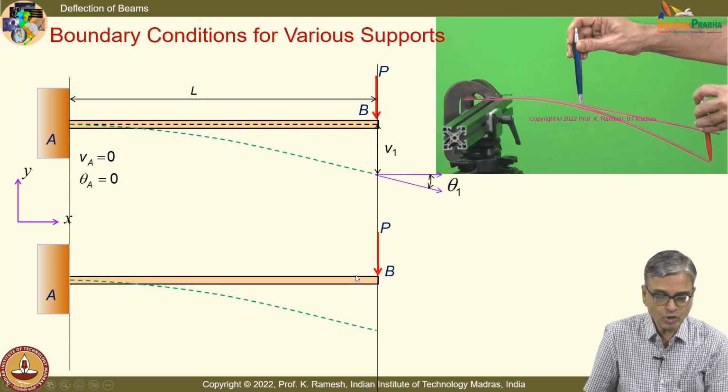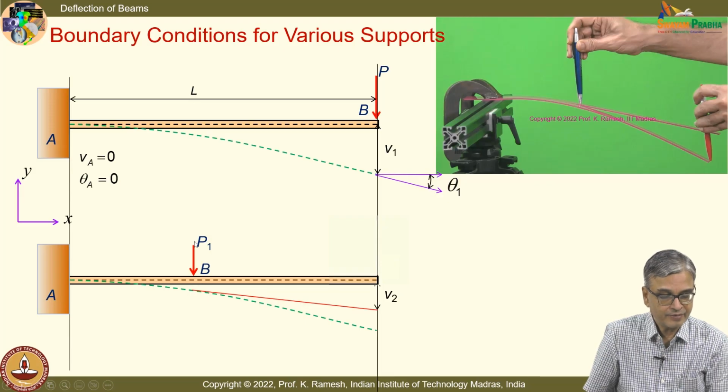Now I do not have the load applied here, but I apply the load at some other point. So the idea here is when I apply the load, this load is not necessarily the same load as P, but some other load P1.